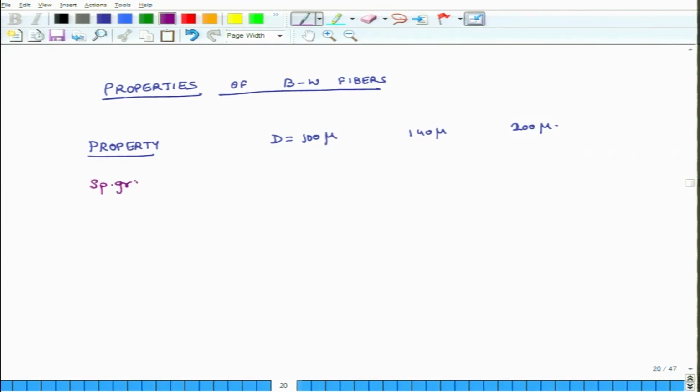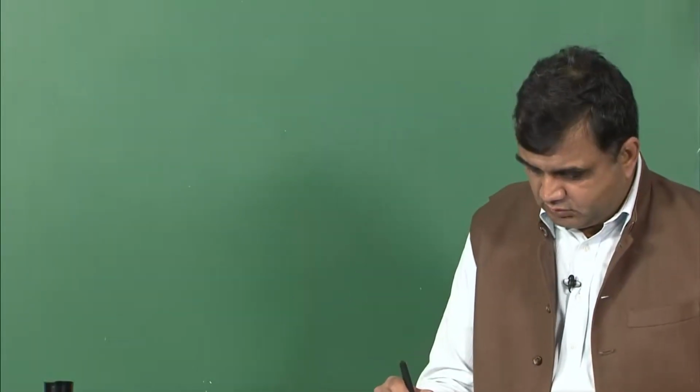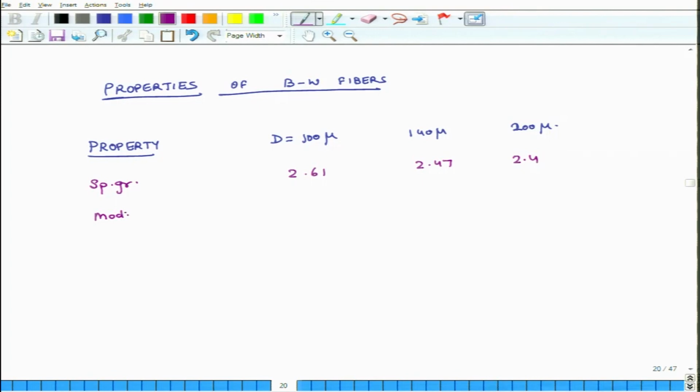Specific gravity. So, specific gravity is unitless. So, this is about 2.61, 2.47, 2.4, and the reason this density is going down is because as you put more and more boron on the outside, tungsten is very heavy, boron is very light. As you put more and more light material, the density will go down. Okay. Modulus, tensile modulus in GPa.